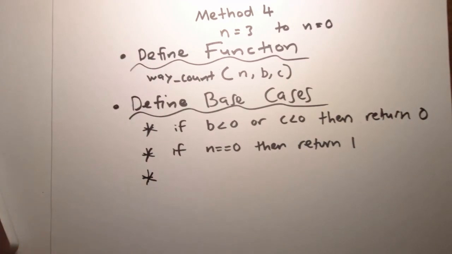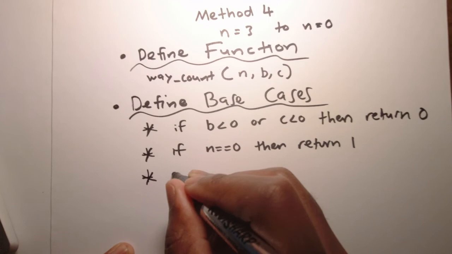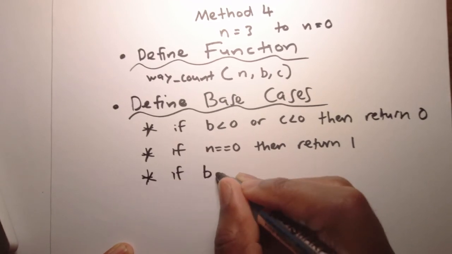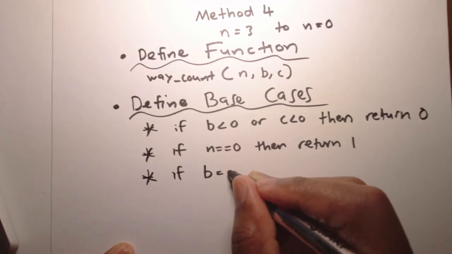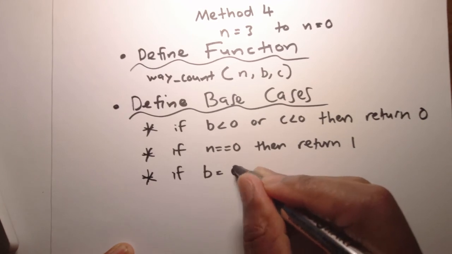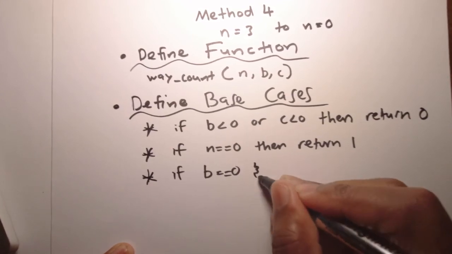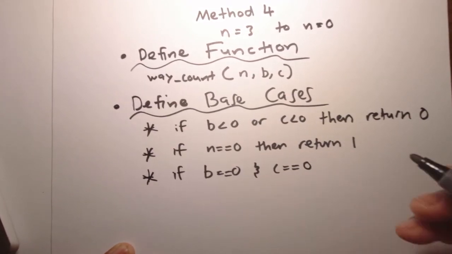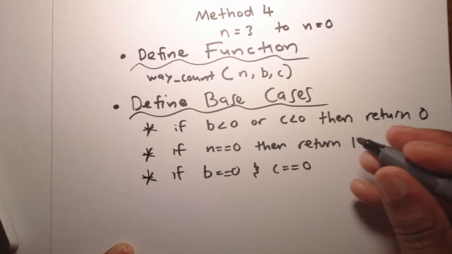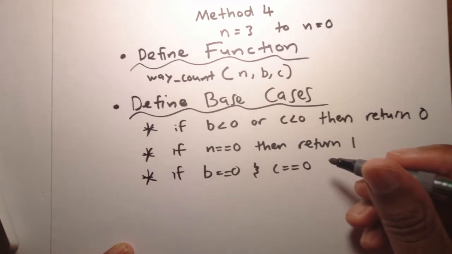The next base case that we have occurs when b is equal to 0 and c is equal to 0. In this case, this is that situation in which we have all a's.